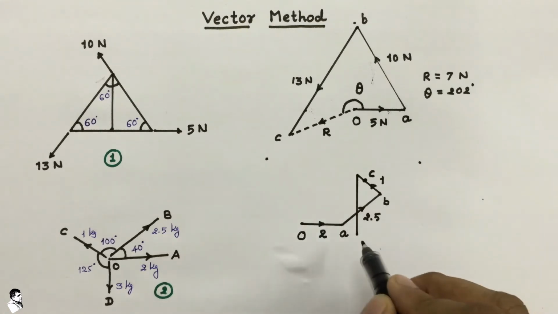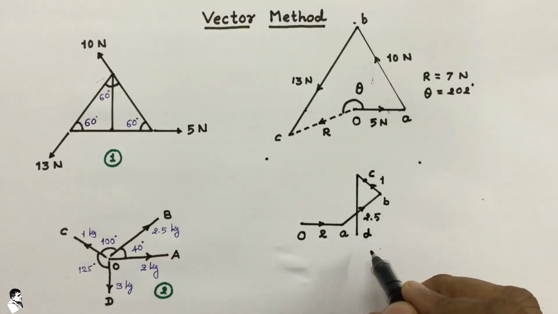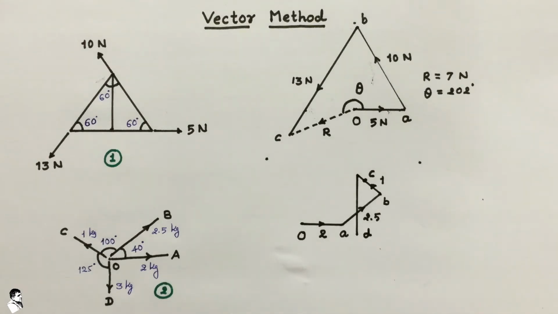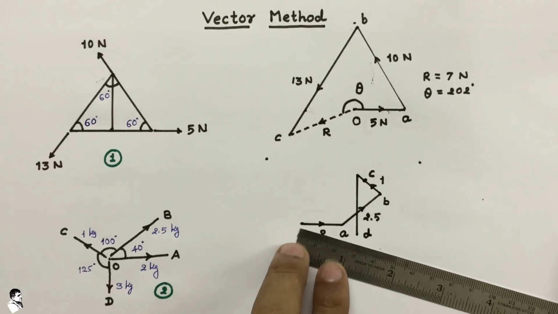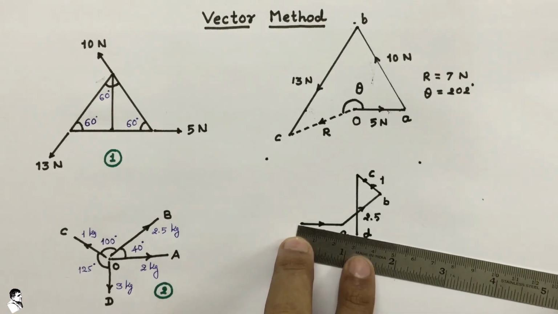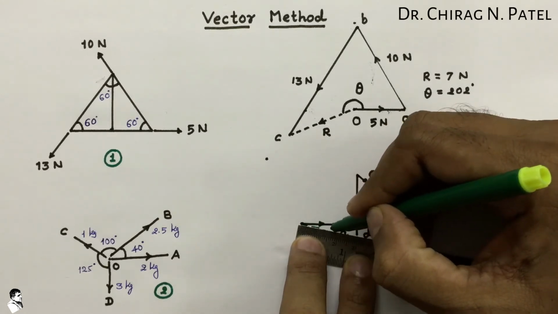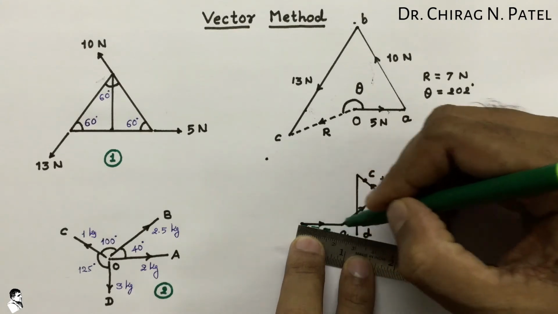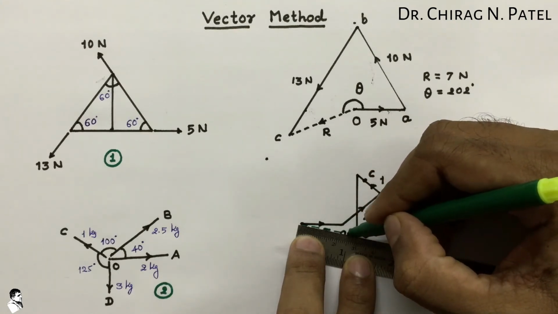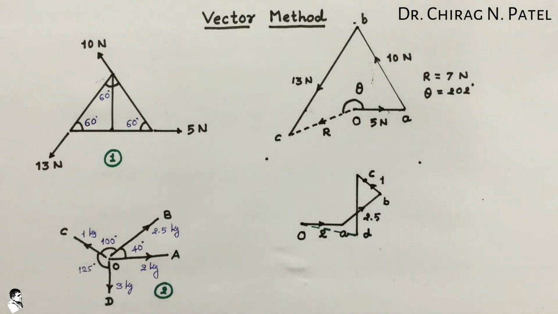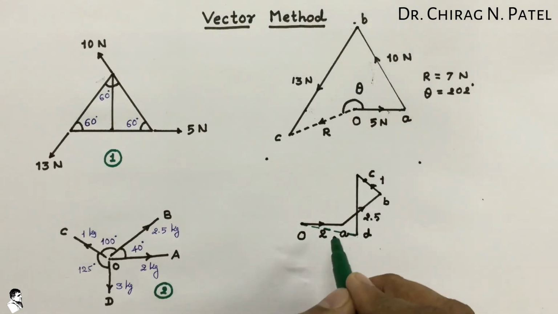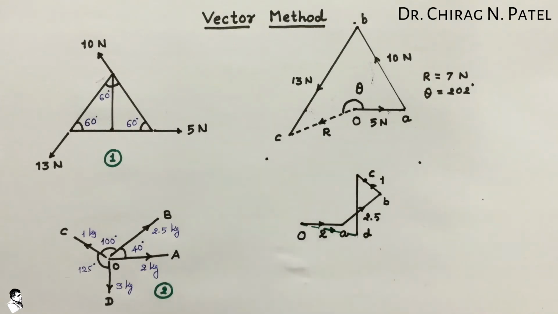That is our last point, which we name point D, and to complete that we draw another line, called the closing line, joining the first point and the last point here. That gives the resultant line, or you can say the resultant side in reverse order.